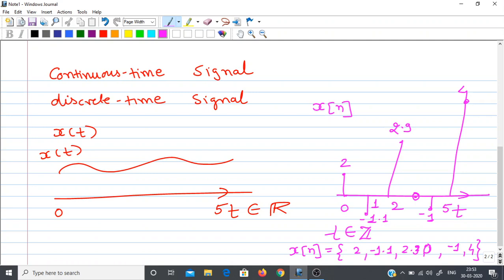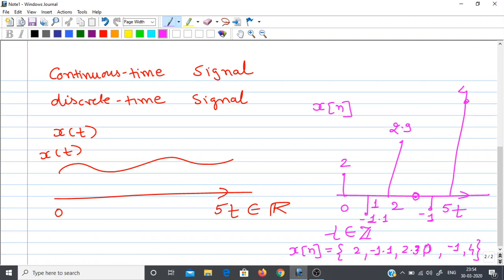Now, as I have explained, infinite number of bases are possible for both continuous time signals as well as for discrete time signals, and therefore there are infinite number of transforms possible for the given class of continuous time signal as well as the given class of discrete time signal.